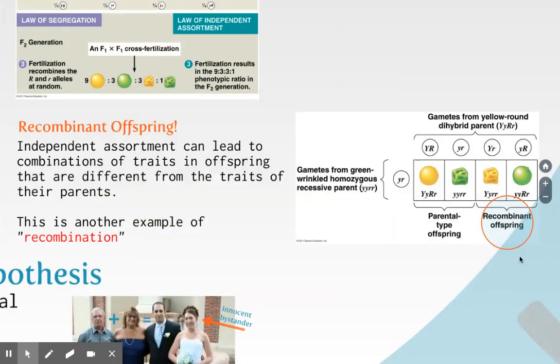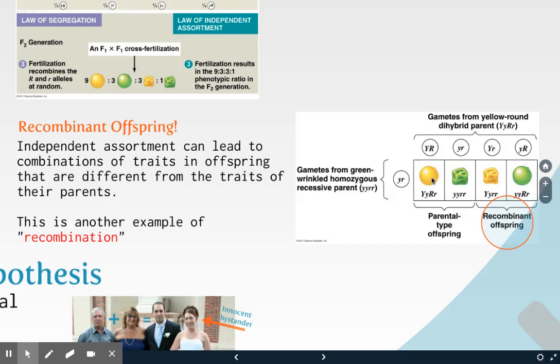Cool. So recombinant offspring are when you get offspring that are different from what the parent generation looked like. In this example, he crossed a yellow round and a green wrinkled. And so these offspring that he got weren't recombined because they had the same combination of alleles as the parents. But then we got these offspring that did have new combinations, because he never had a yellow wrinkled, right?